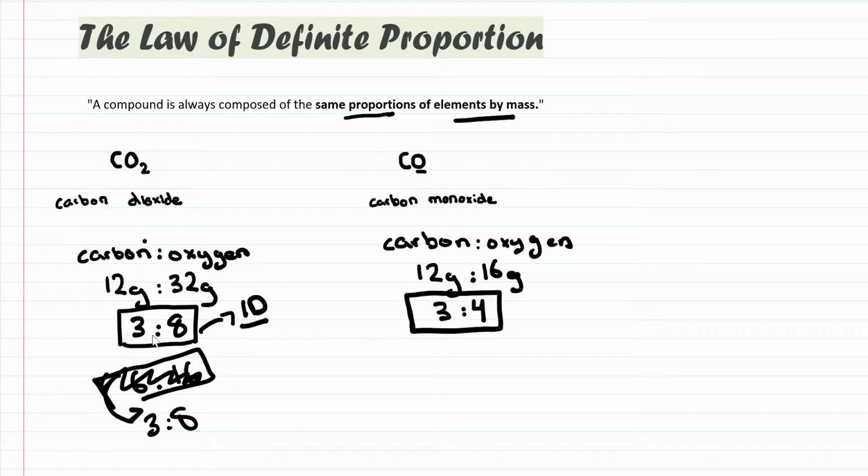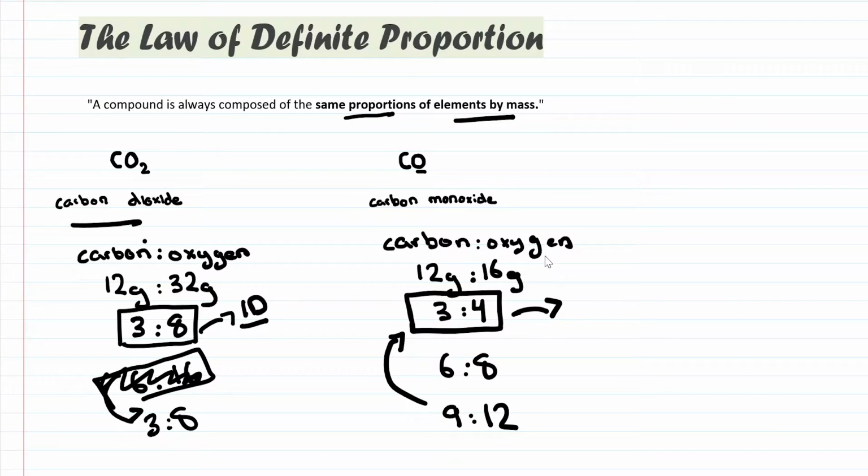As long as that ratio is constant, this substance is going to be carbon dioxide. And the same thing for carbon monoxide. If you found that a compound had a ratio of 6 to 8, or maybe 9 to 12, it's going to reduce down to carbon monoxide. You can simplify it. So if the compound had a carbon-oxygen ratio of 9 to 12, it's going to be carbon monoxide, because this ratio is what makes carbon monoxide carbon monoxide.